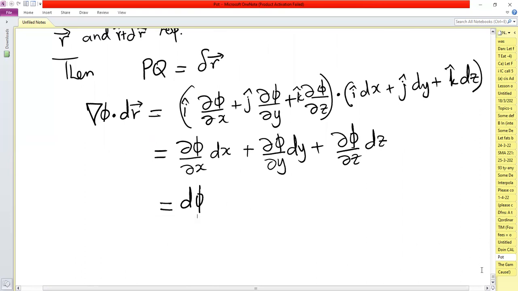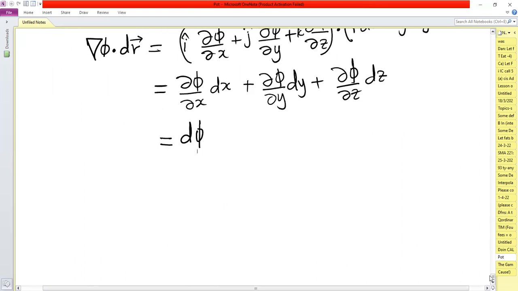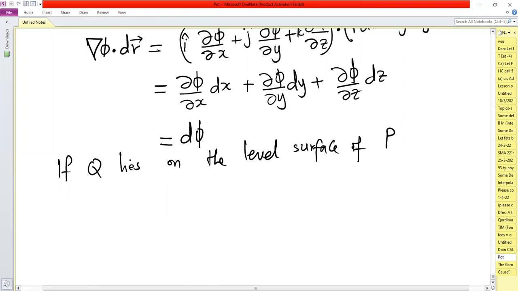So if Q lies on the same level surface as P, then you expect this differential to be 0.